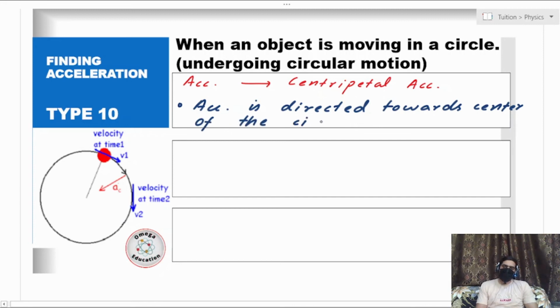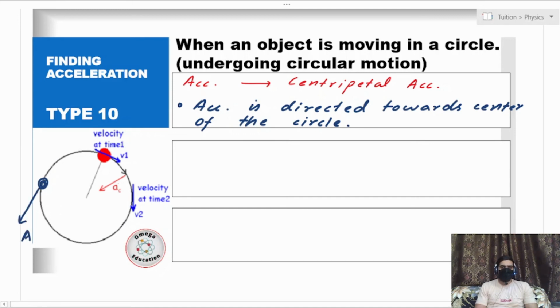Center of what circle? The circle in which the object is moving. So if the object is moving in a circle, its acceleration is nicknamed as centripetal acceleration, and that acceleration is directed towards the center of the circle. So let's say the object right now is at this position, and they ask you where is the acceleration of the object.